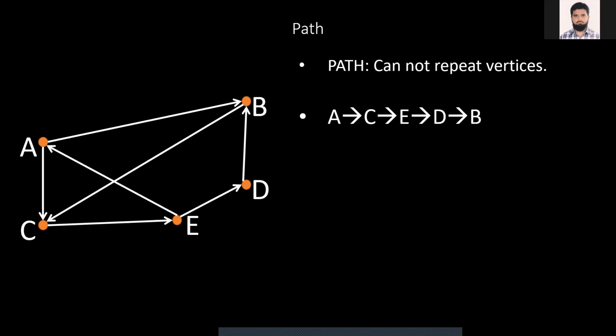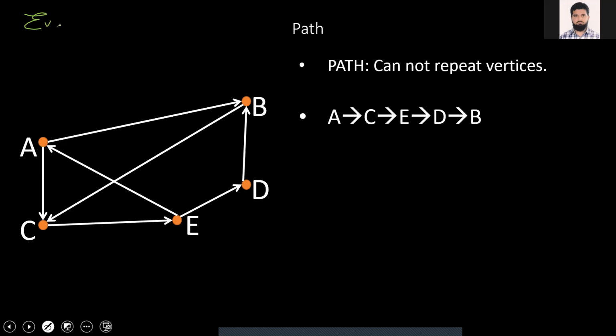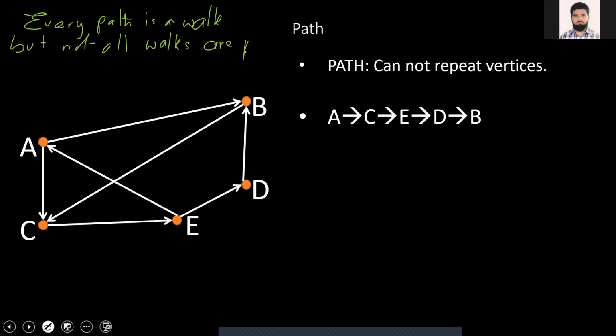So how can you repeat an edge? The point here is that every path is a walk, but not all walks are paths. And the one thing that a path does not allow is that you cannot repeat a vertex.